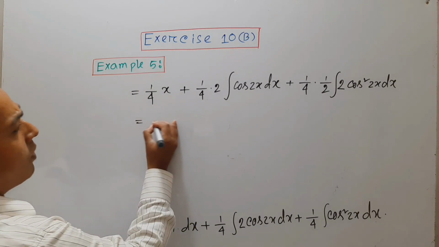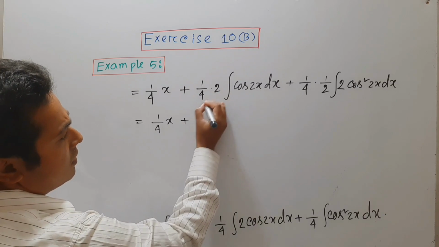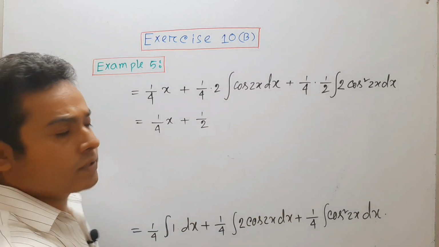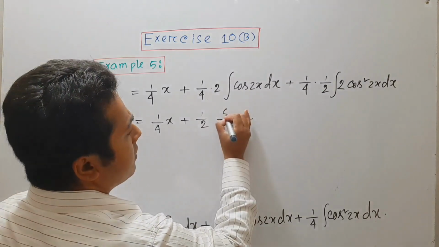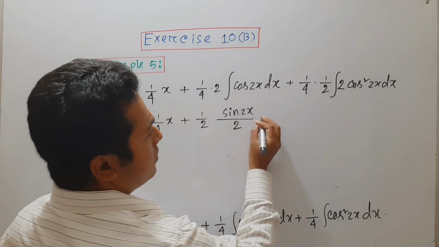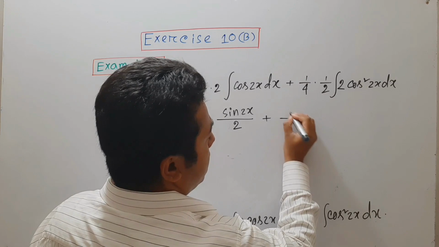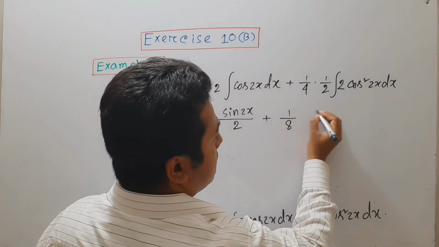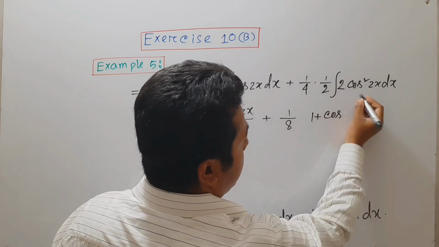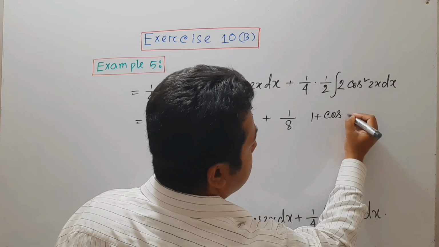Okay, then 1 by 4 into x plus 1 by 2 and integration of cos 2x, we can write sin 2x divided by 2, and plus 1 by 8, 2 cos square x is equal to 1 plus cos 2x, here x is equal to 2x, so 2 into 2x is equal to 4x.